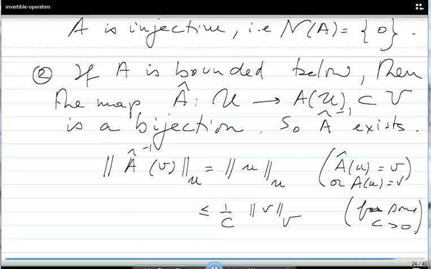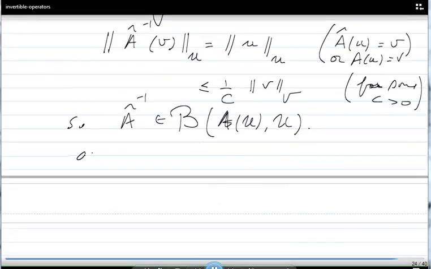So clearly this tells us that A hat inverse is bounded from A of U into U, and its norm, the norm of A hat inverse, is less than or equal to 1 over C.